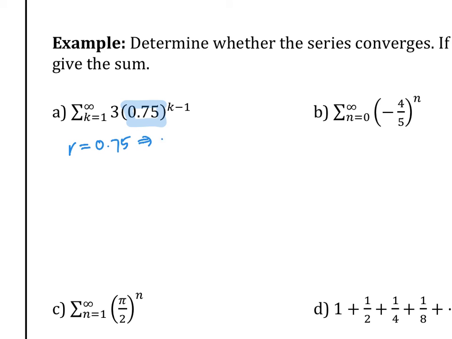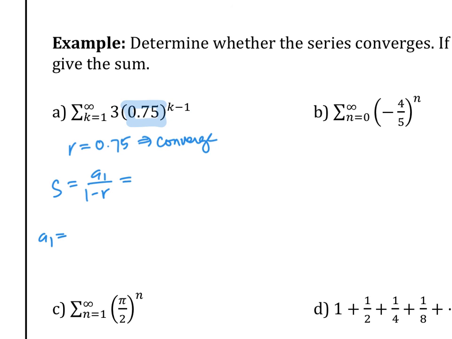And so you ask yourself, will it converge? Of course, it will converge because absolute value of R is less than 1. And then if it converges, we need to find the sum. So this is going to be an infinite series, so S is equal to A1 over 1 minus R. What you need to be careful of is when you find A1, you actually have to put 1 in this formula to double check what A1 is.